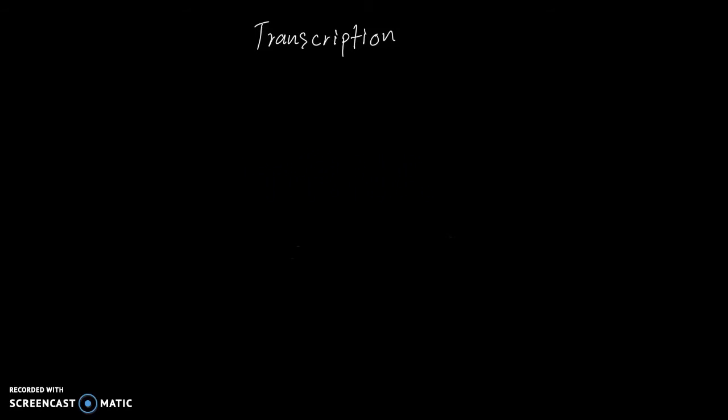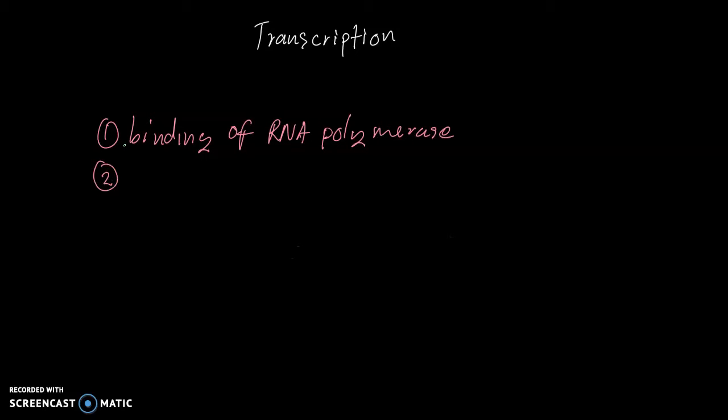We will carefully go through the crucial steps that have to take place and the cellular molecules and the enzymes that are involved in transcription. Essentially, what's happening during the whole process of transcription can be broken down into parts. So let's break it down into 4 different steps. The first step is the binding of RNA polymerase. What happens after that is the uncoiling and separation of DNA into 2 strands.